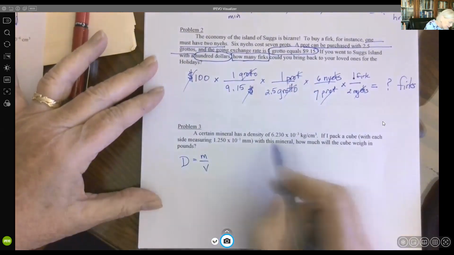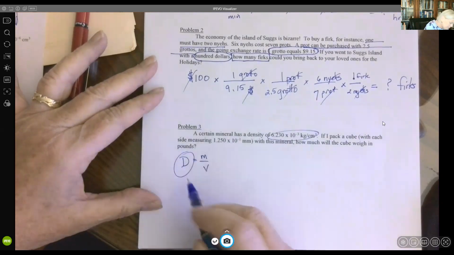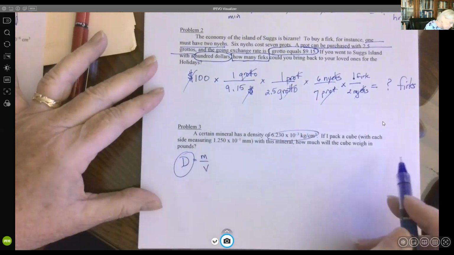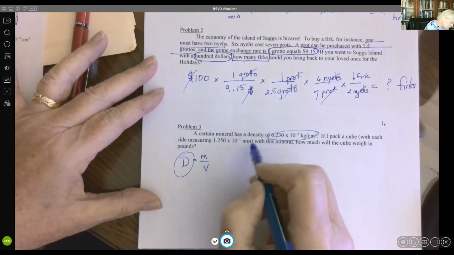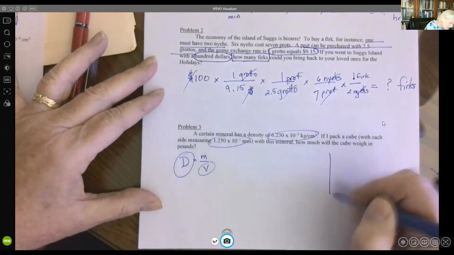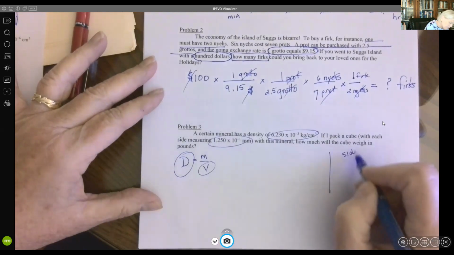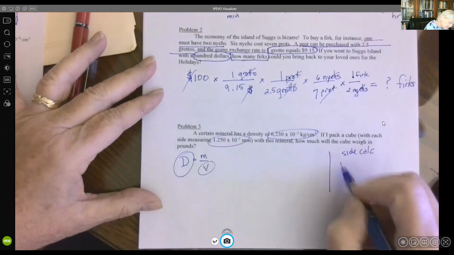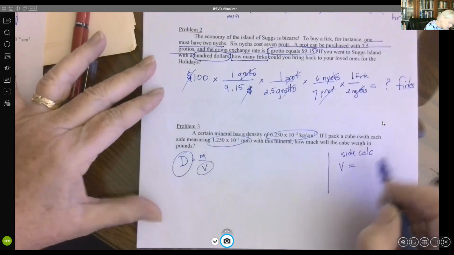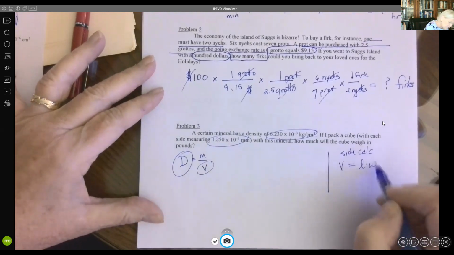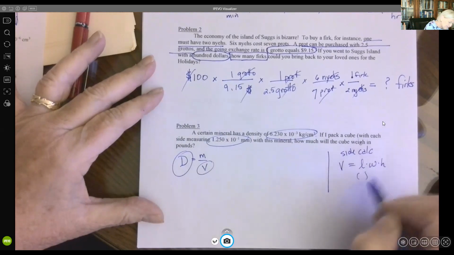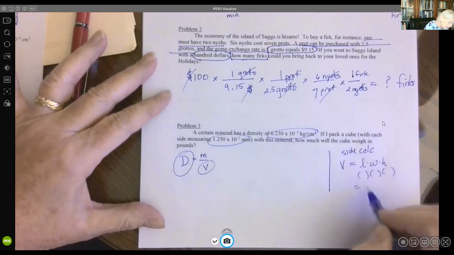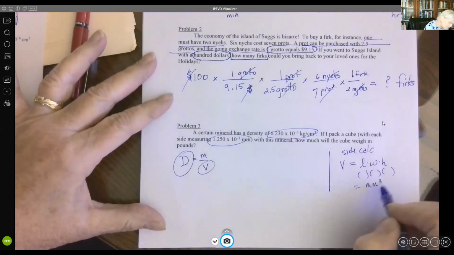This problem gives me density and it gives me volume. Now I need a side calculation. I need to calculate the volume, which is the length times the width times the height. And I have to find those 3 numbers and calculate volume, which would be in cubic millimeters.